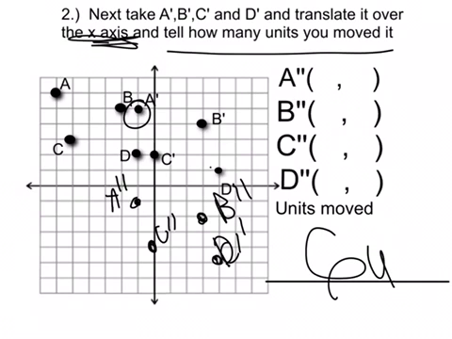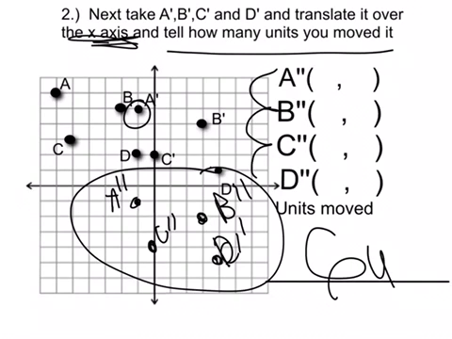Okay, so after you've graphed all of your points from A prime to double prime, you're going to put them all right here: A double prime, B double prime, C double prime, D double prime. So for point A, it's going to be -1, -1.